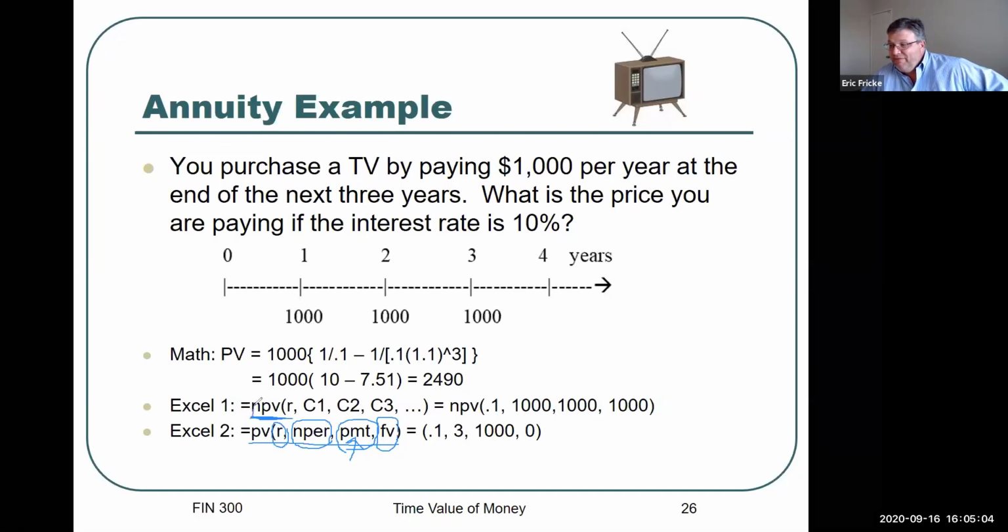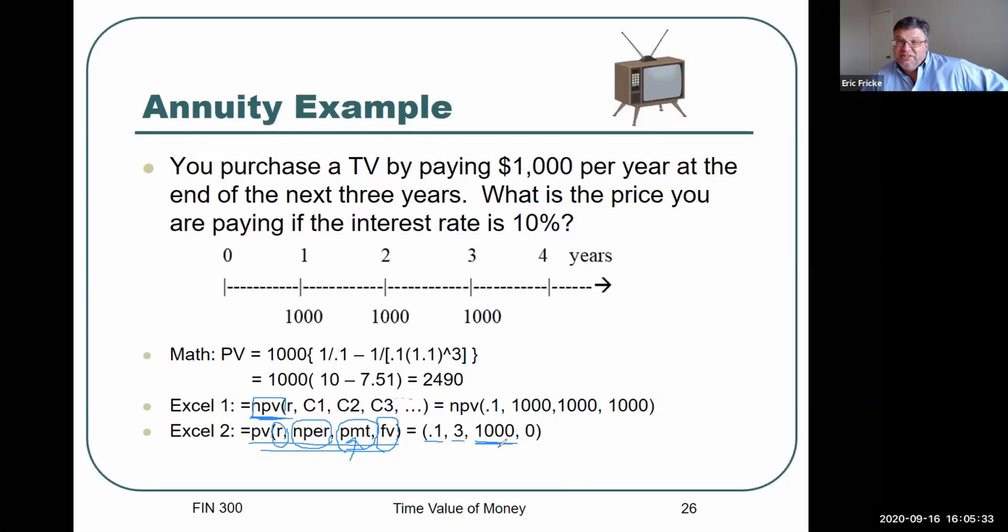In the NPV formula, you would have to put out 40 or 50 of these, and nobody would want to do that. So this makes it really simple using the PV formula. We basically put in R, the interest rate, the number of periods, and this right here, that's the payment that happens every single period.